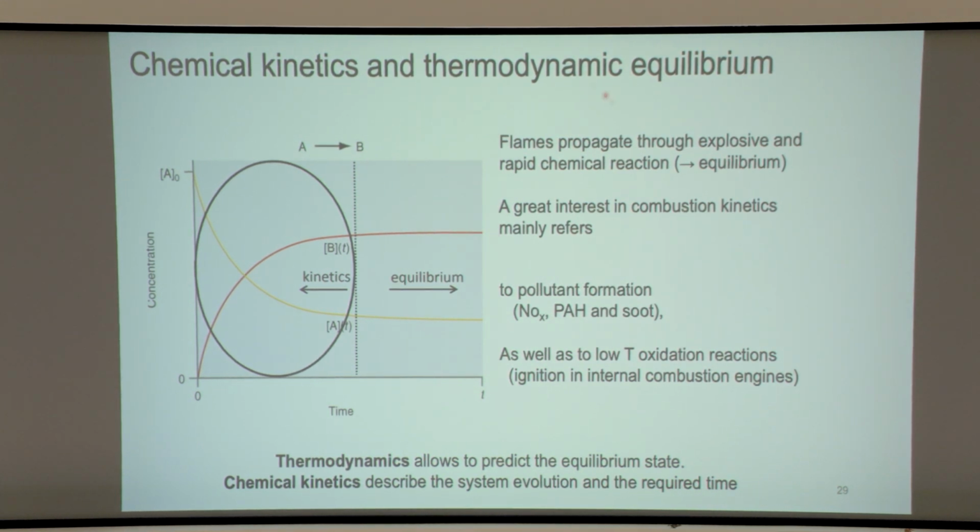The equilibrium state is what happens after a certain amount of time is surpassed and we have gone past the kinetically controlled regime. However, in most combustion systems, we rarely reach the equilibrium state because, especially in an IC engine, the exhaust valve might open before you reach the equilibrium state.